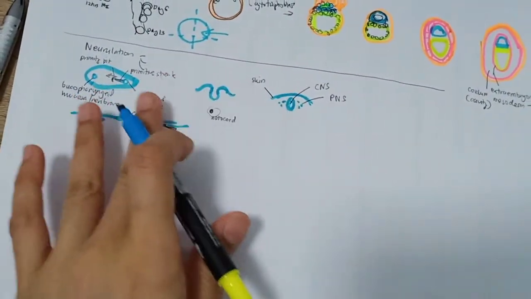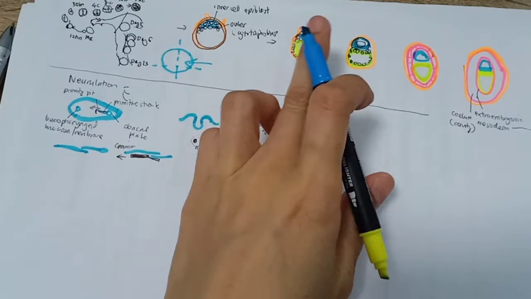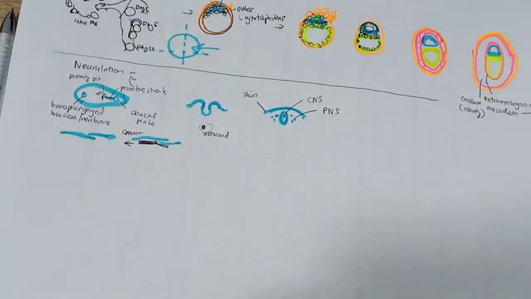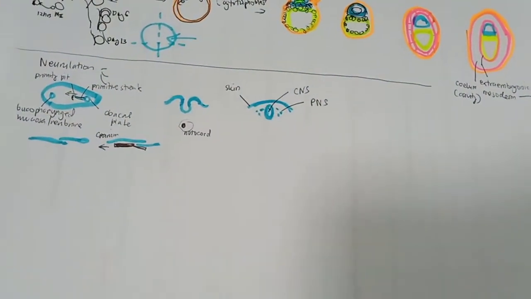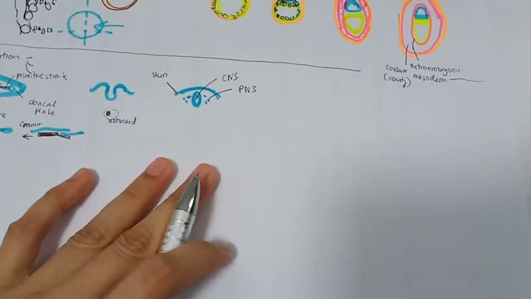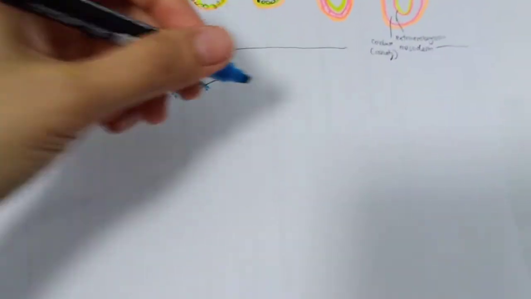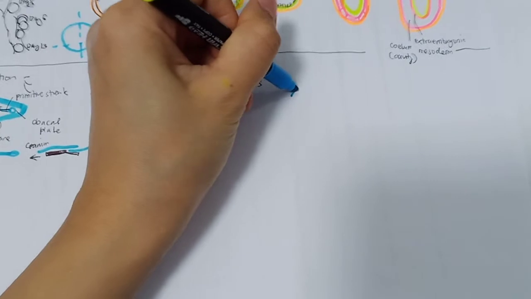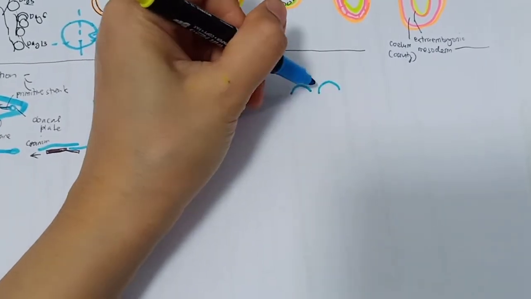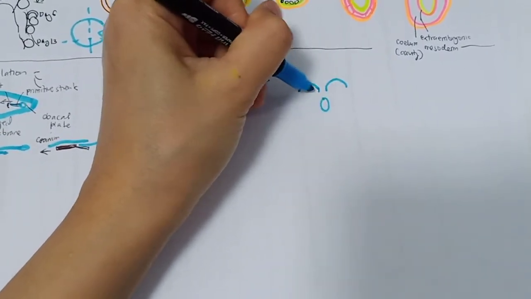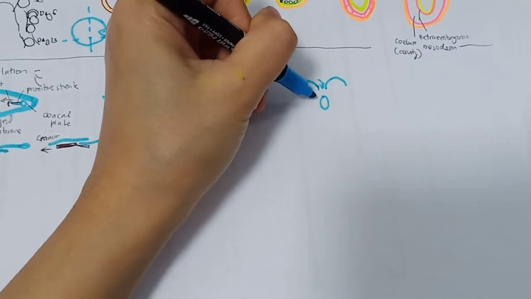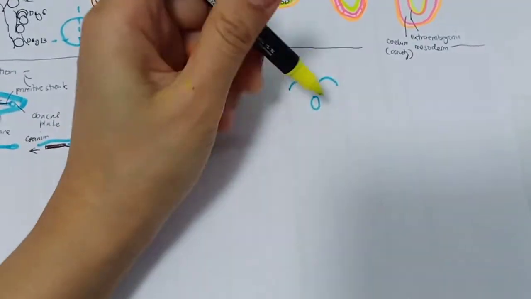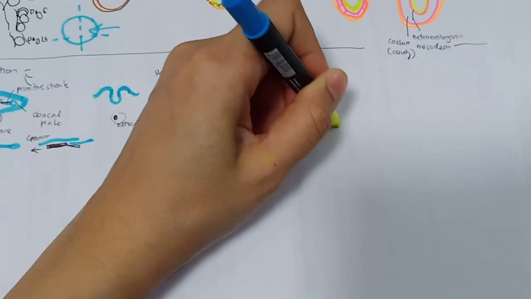Basically, this is actually an oversimplification of this picture. So what happens is that after the neurulation, there will be folding and further influx of the ectoderm into the space in between the ectoderm and endoderm.